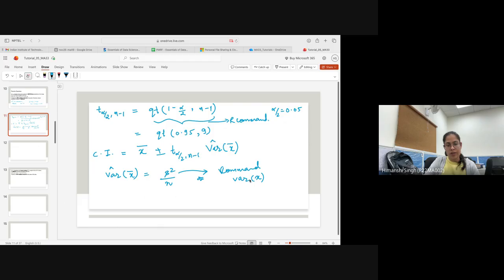Mathematically, the formula for s square is 1 upon n minus 1, summation of xi minus x bar whole square, where i goes from 1 to n. I know all the values of xi's. I can calculate x bar, which is the mean of xi's, then put in the values of each xi, x bar and n, and calculate this quantity divided by n. That will be the estimate for the variance of x bar.